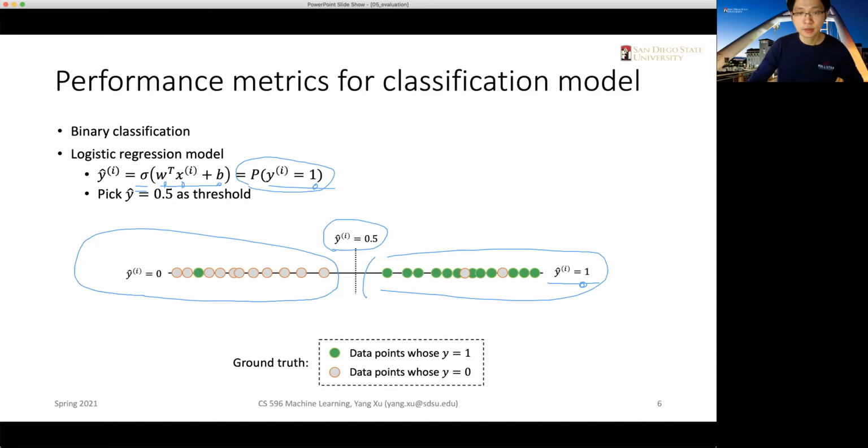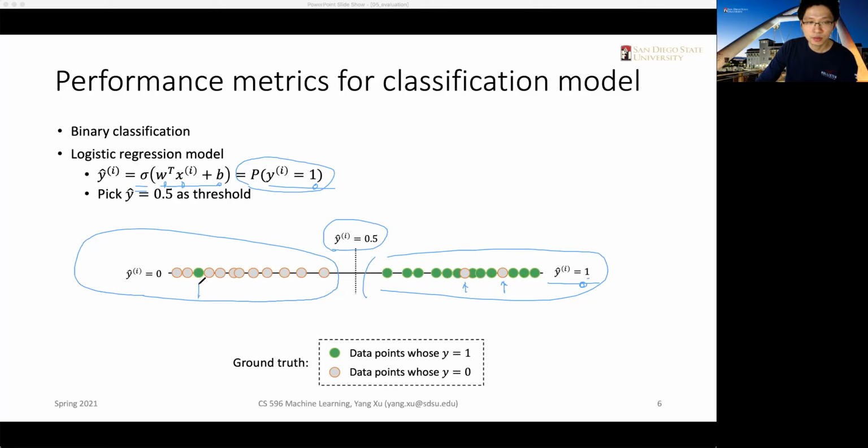We can already notice that the model is not perfect because it has made misclassifications. There are 2 points that are actually 0, but they got predicted to be 1, on the right.